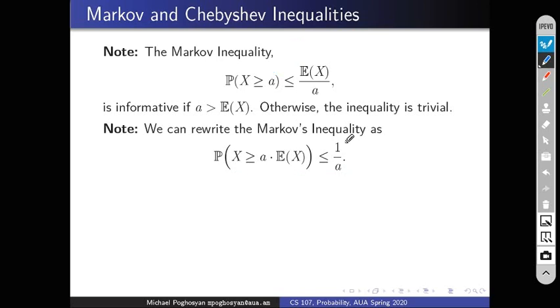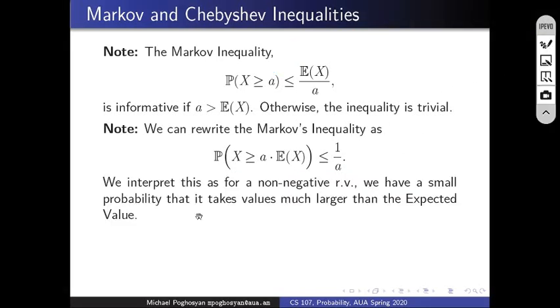And let me just explain, interpret what this means. This means that if we have a non-negative random variable, then the probability that values of x will be much larger than the expected value is small.